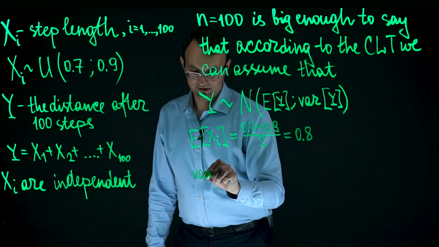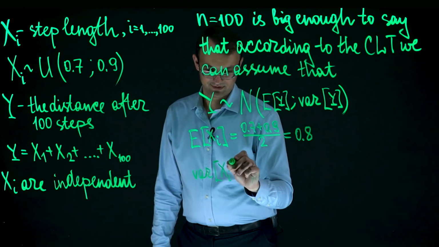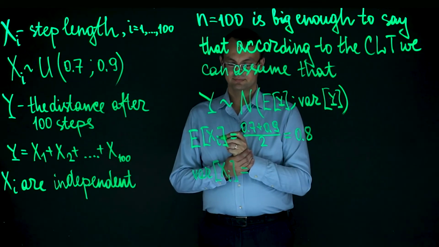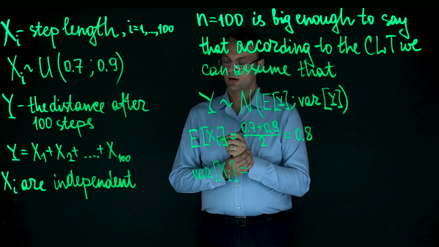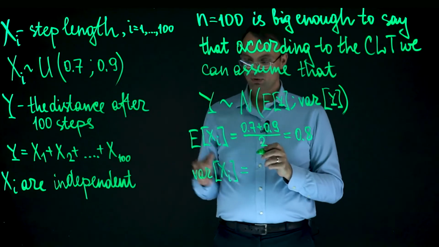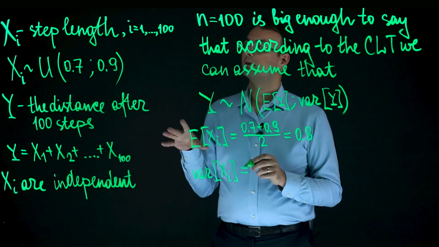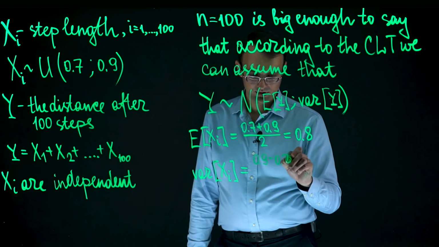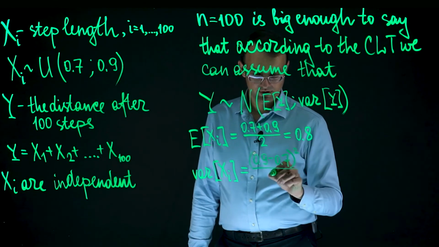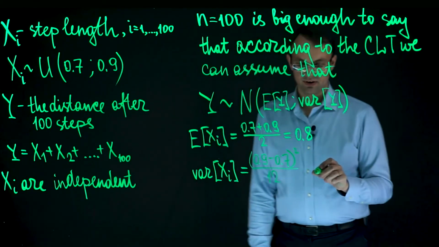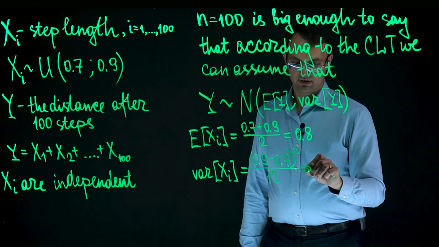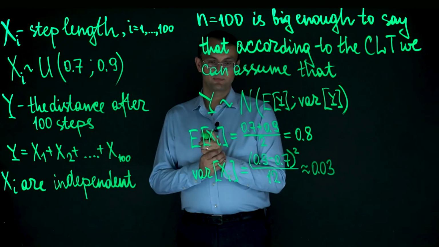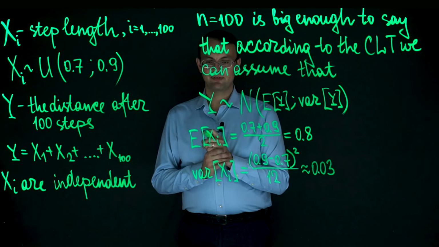As for the variance, we know the formula for the variance of a uniformly distributed random variable: 0.9 minus 0.7 squared over 12, which is approximately 0.03.